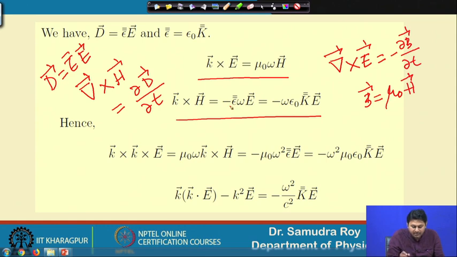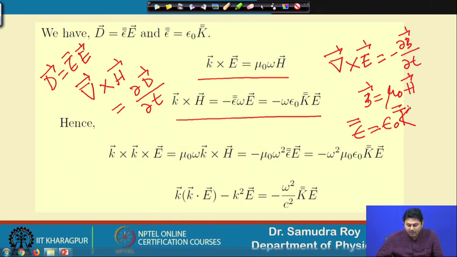So, d dt is replaced by minus omega, and that is why the minus is here. In the previous case, we wrote that epsilon is epsilon 0 into big K, where big K is nothing but the square of the refractive index.